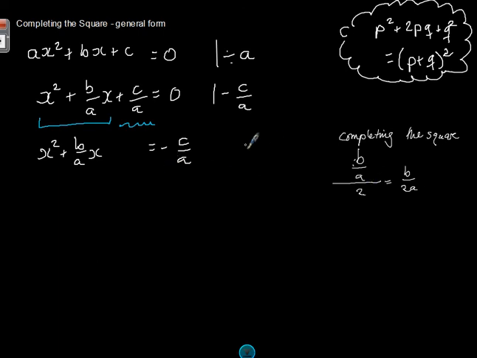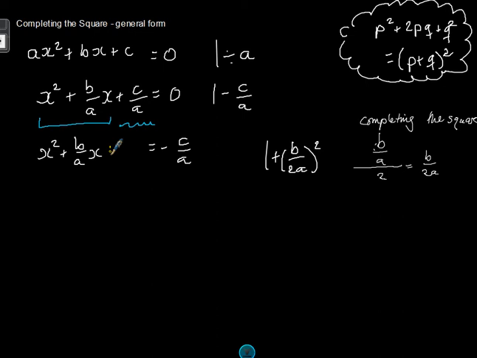And so what we're going to do is, on both sides, we're going to be adding something. That's the completing the square bit. We will take b over 2a and square that. That corresponds to this part here. And so I'm going to add this to both sides.